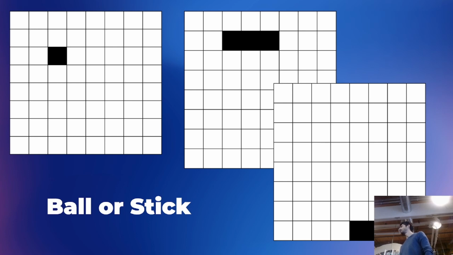So an idea of how he could do it: he has this digital input of, I don't know, 64 values, and he has to find some rules to decide whether this list of values corresponds to a ball or a stick. How can he go on to solve this problem?